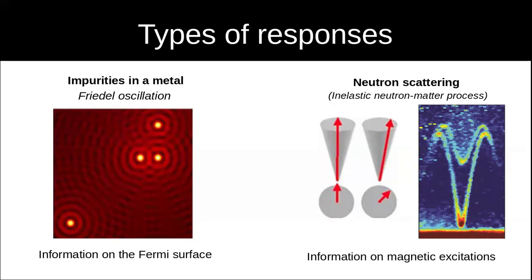Another case where linear response theory appears very naturally is neutron scattering in materials. You throw neutrons towards a magnetic material, the magnetic moment of the neutron interacts with the local magnetic moment of the material, and the scattering allows you to reconstruct the magnetic structure of the material.